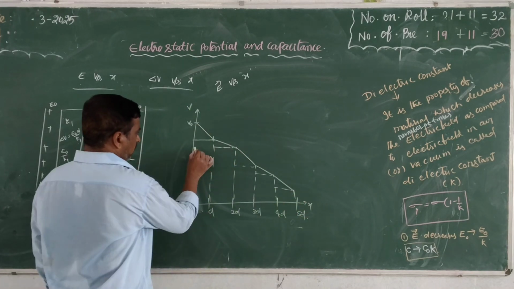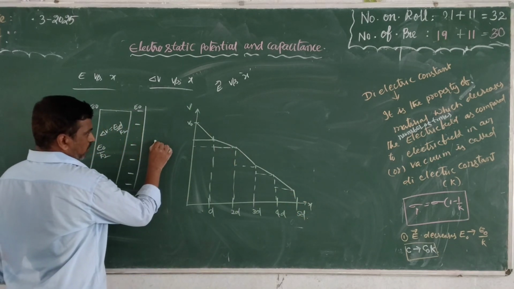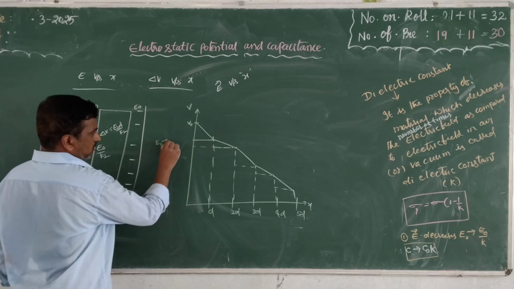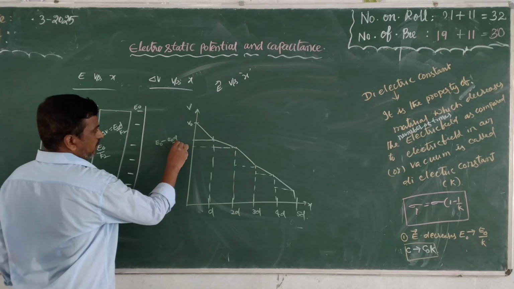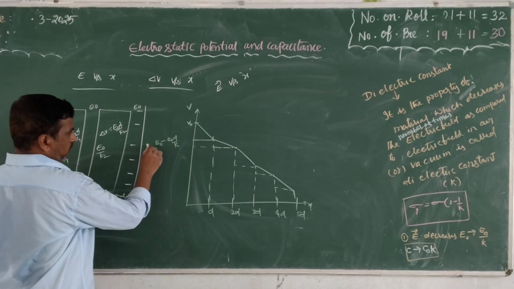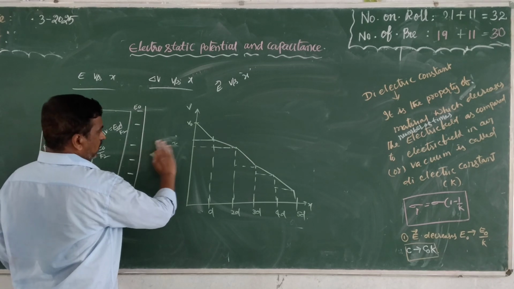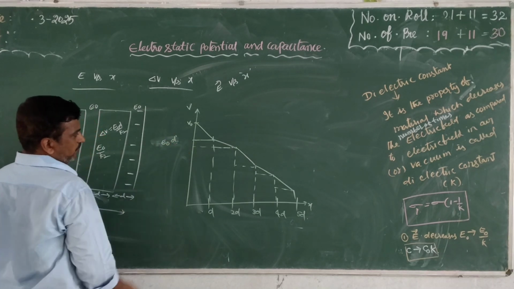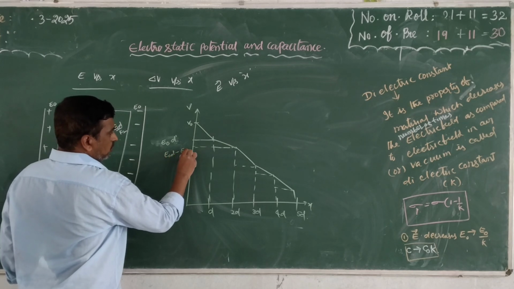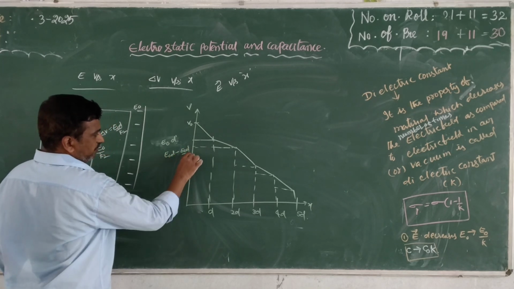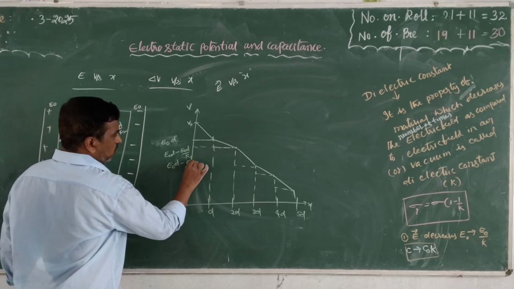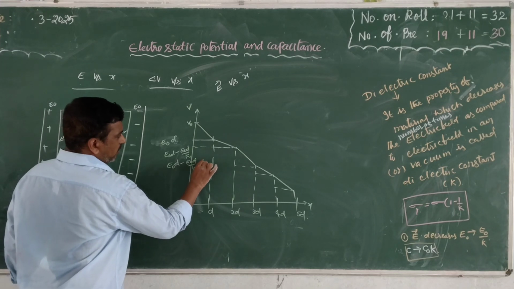So here it is E naught minus E naught d by k. It is E naught. So delta v equals E naught into d here, right? E naught d minus E naught d by k1, then again E naught d minus E naught d by k1 minus E naught d.